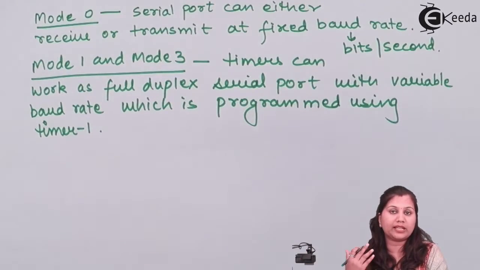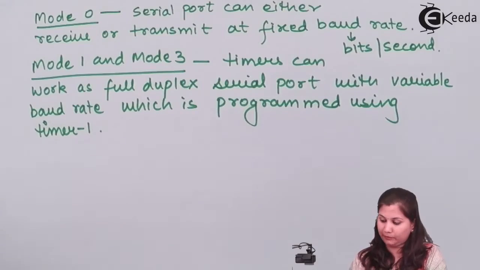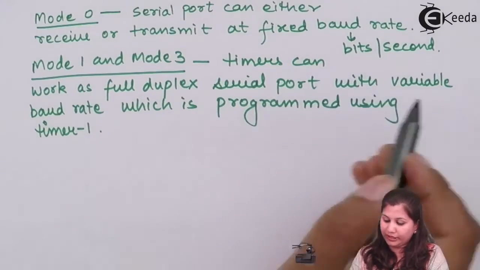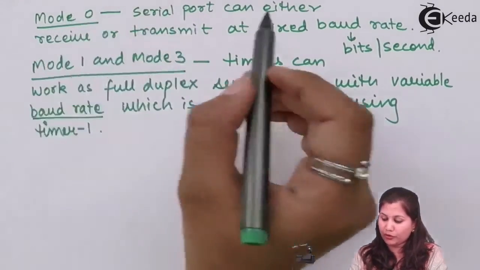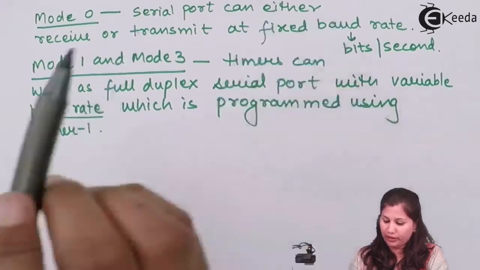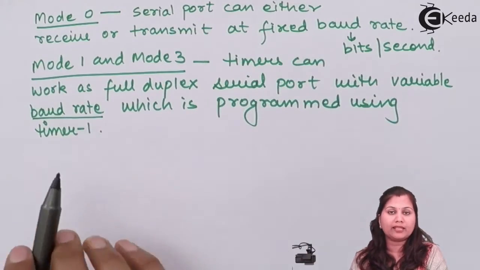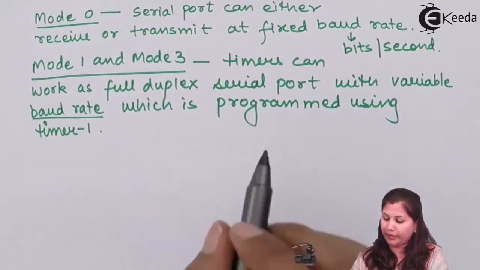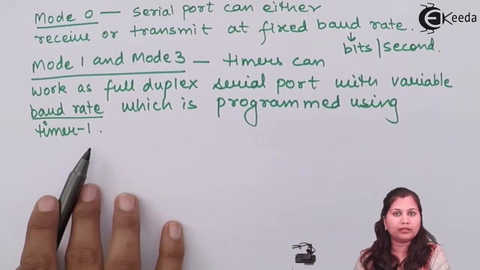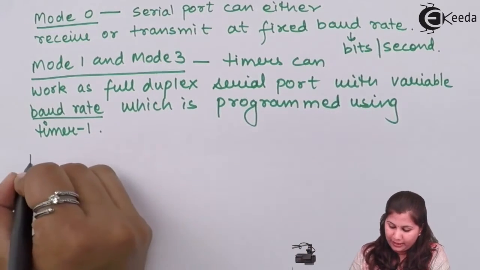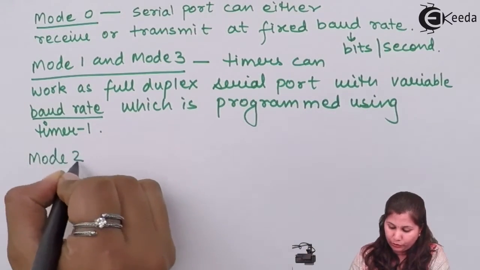Full duplex means they can receive also and they can transmit also at the same time. So with the variable baud rate, in the case of mode 0 we were having fixed baud rate, but in mode 1 and mode 3 we have the variable baud rate, and this baud rate can be decided by programming the timer 1. Okay, we have mode 2 also.